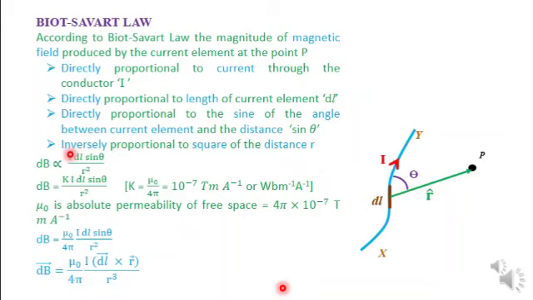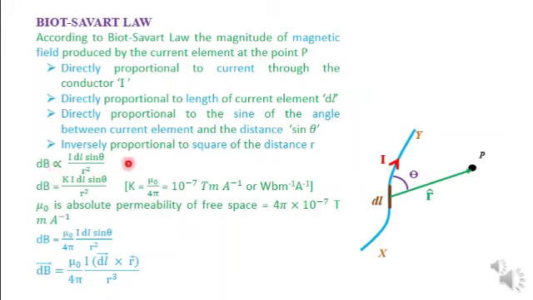After combining all these relations, we get dB proportional to I dl sine theta divided by r square. Now, proportionality is replaced by equal to as well as constant.